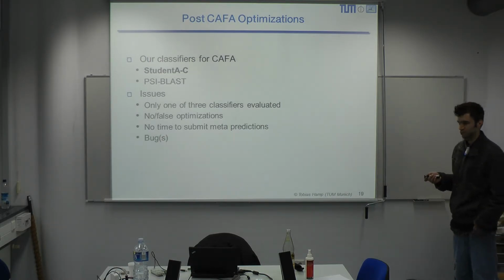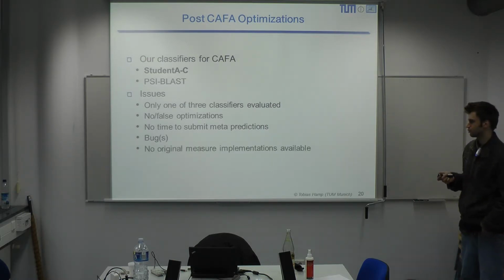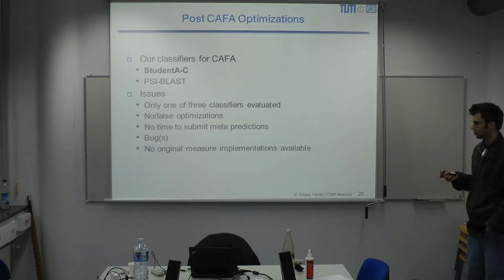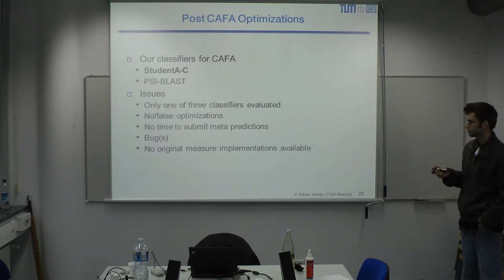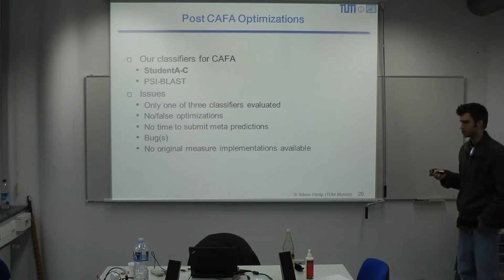One of the methods actually had quite a severe bug, which was quite detrimental to performance. And finally, a small but also important detail was that we did not have the original implementation of this measure that I just explained available, which made a small but decisive difference.